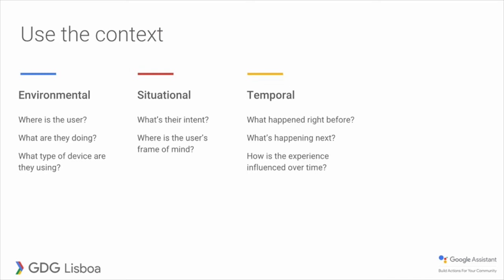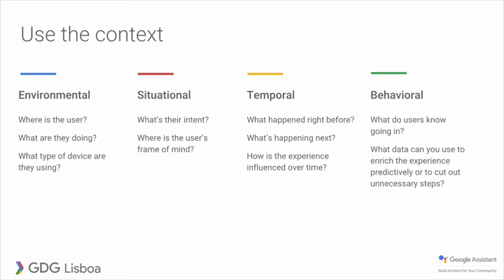So keep that so you can continue the conversation. You're not going to ask them every time the same question. And what do your users know going in? So what data can you use to enrich the experience? How can you ask permissions from the user to make the experience good and engaging?